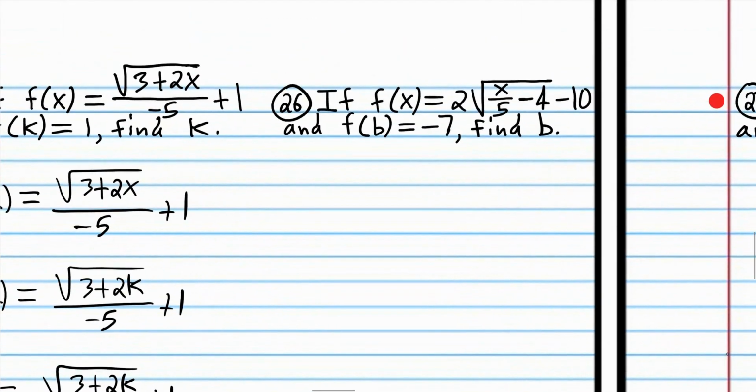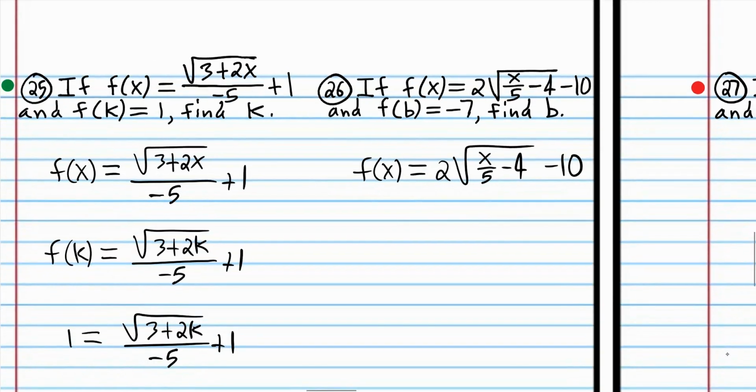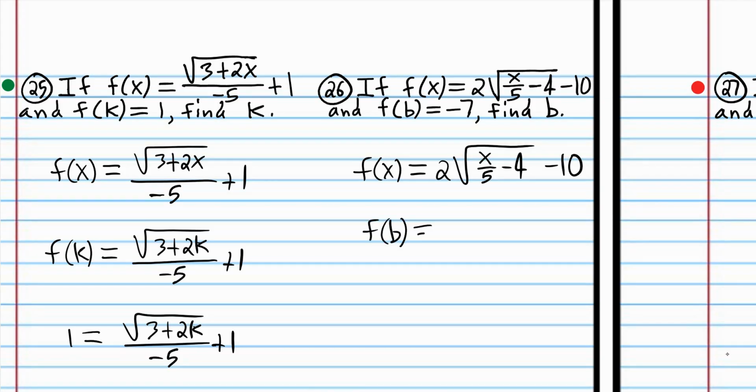Alright, we're back. So we know that f of x is equal to 2 times the square root of x over 5 minus 4, all that minus 10. And if that's true, then of course we know that f of b is equal to the same thing, just with b plugged in.